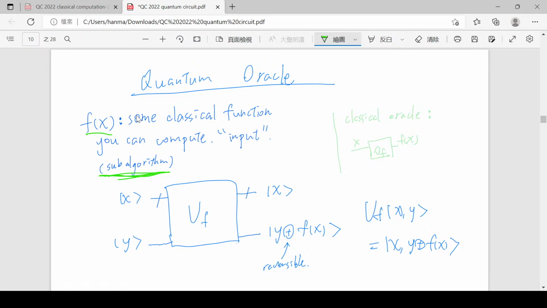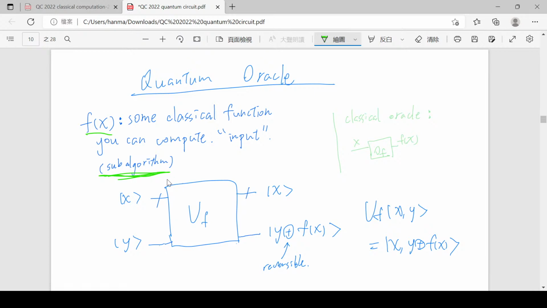So there is some classical function f of x, and it's a sub-algorithm, you can compute it. We'll see later that sometimes we think of these as the input. But for now, let's think of this as some sub-algorithm, and it takes some time to compute.